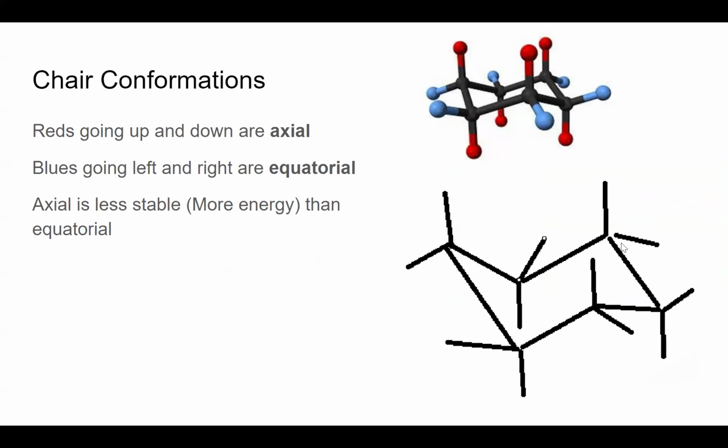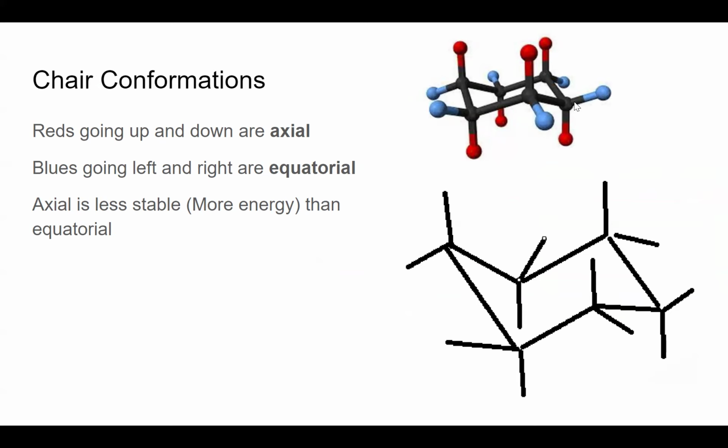Chair conformations. Chair conformations are cyclohexanes drawn in a way that you can see their properties and the way that it's bonded to the cyclohexane. So the reds are clearly going up while the blues are going to the left and the right.